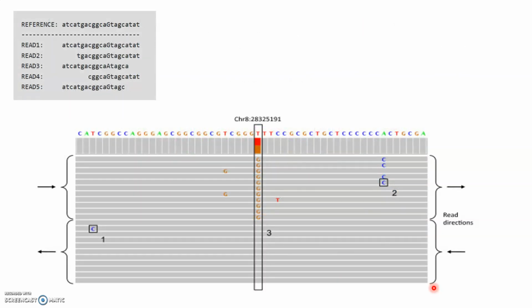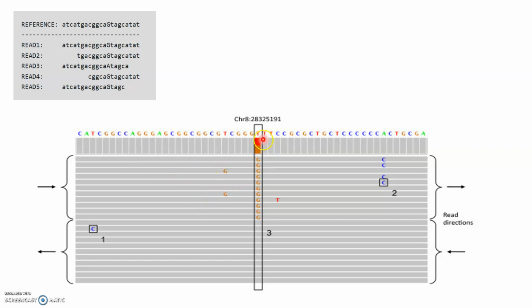Now we're performing the alignment with Bowtie 2, and we see things like this when we actually align our short sequencing reads, which are indicated by these gray bars here. Each of these is one of those short sequencing reads that we got from the next generation sequencer. If it's grayed out, it just means that it matches our reference sequence up here. So everything that's grayed out means that it matches the C-A-T, C, G-G, C-C that we see there. Anytime it actually calls the base, it means that it's different.